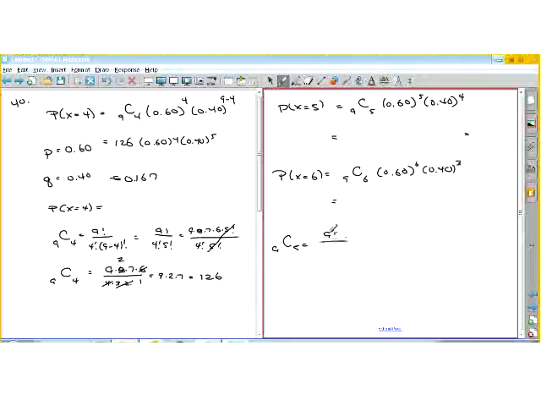So I have 9 factorial over 5 factorial, 9 minus 5 factorial, which is 9 factorial over 5 factorial, 4 factorial. So anyway, that is 9 times 8 times 7 times 6 times 5 factorial divided by 5 factorial and 4 factorial. So these two cancel out.